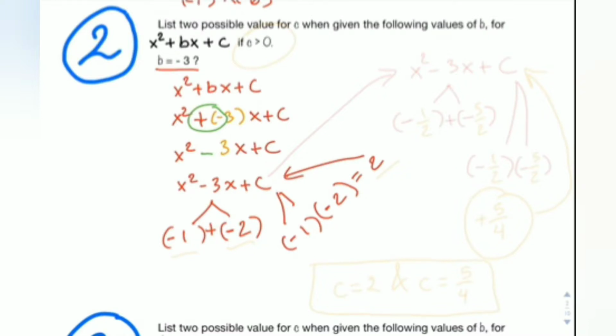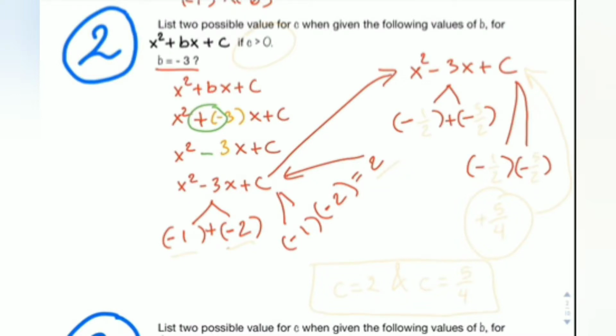Now let's find the other value of C. Let's find two values that when you add them equal negative 3, and two values that when you multiply equal C, right? We used negative 1, right?